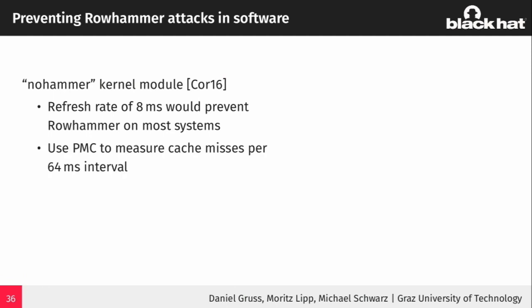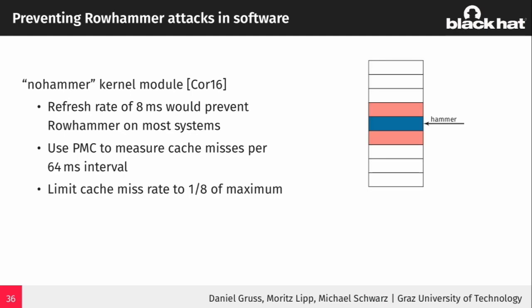And we use performance counters to measure the number of cache misses per 64 millisecond interval. And if this reaches a certain value, namely 1/8 of the maximum, then we wait for a refresh and block any operation. We don't schedule anything on the processor anymore until the 64 milliseconds pass. So basically halt the whole system. Yes. Okay. That sounds good, right?